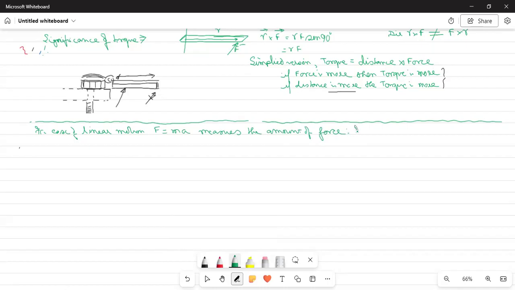Now, is there a similar relation in rotation? That is what we are trying to investigate.